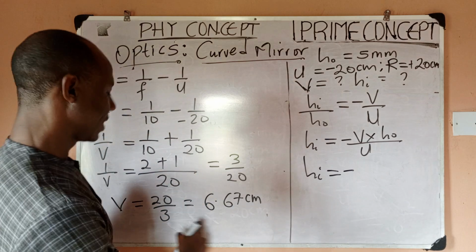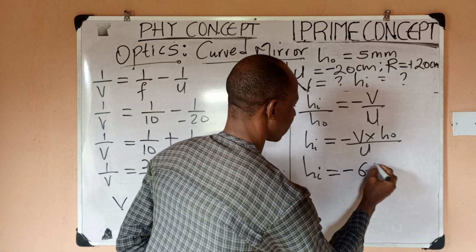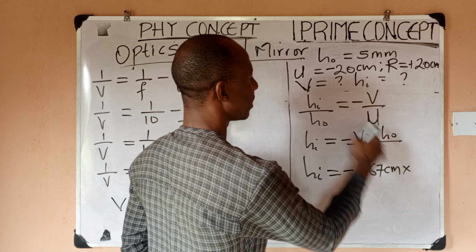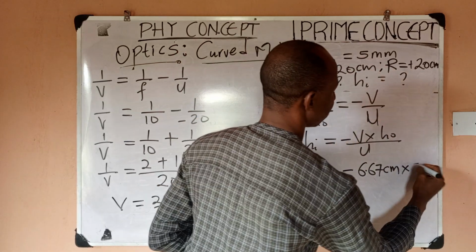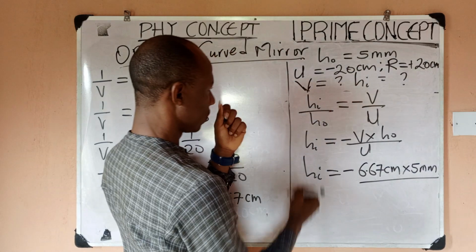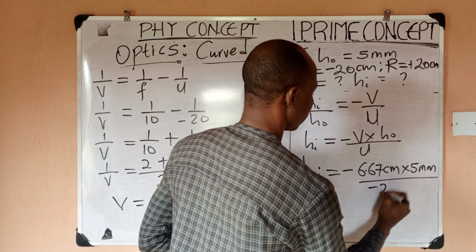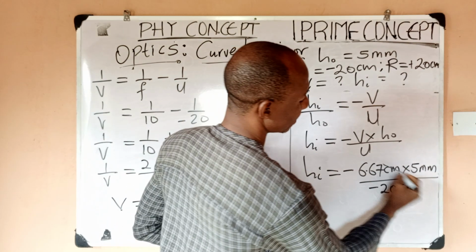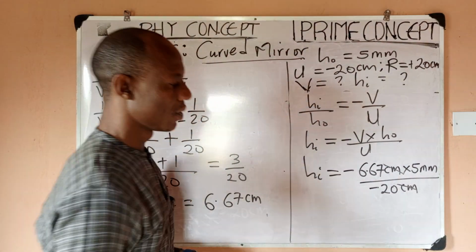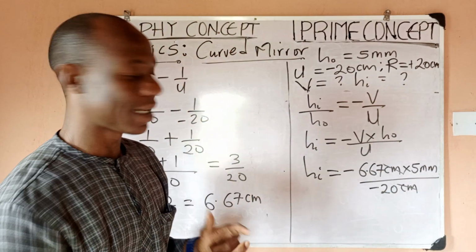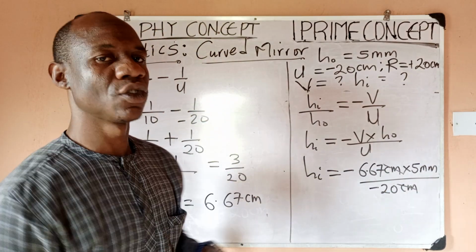My v is 6.67 cm. My ho is 5 millimeter divided by my u. My u is minus 20 cm. So what do you think will happen here? You can see that cm would cancel cm. So what unit are you left with? Millimeter. So my final answer for the height of my image is going to be in millimeter.